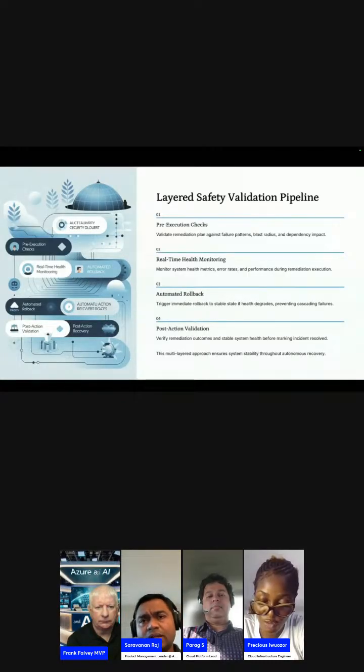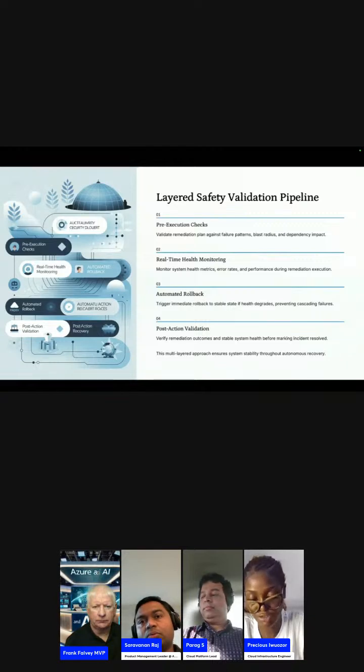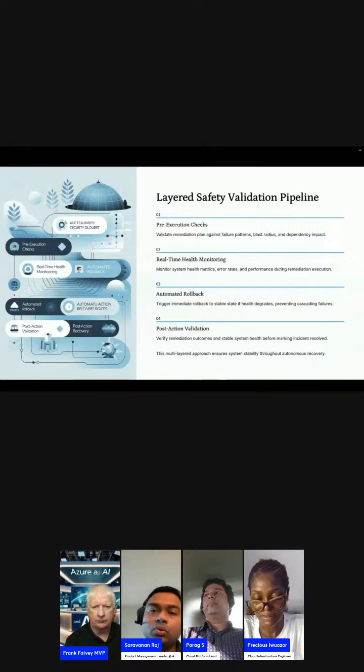The third one is the layered safety validation pipeline. Firstly, we need a pre-execution check. Even before I make a production code change for a given outage, we need to validate what potential failure patterns we have observed, what the blast radius is, and whether we need to engage a human in the loop for that blast radius.